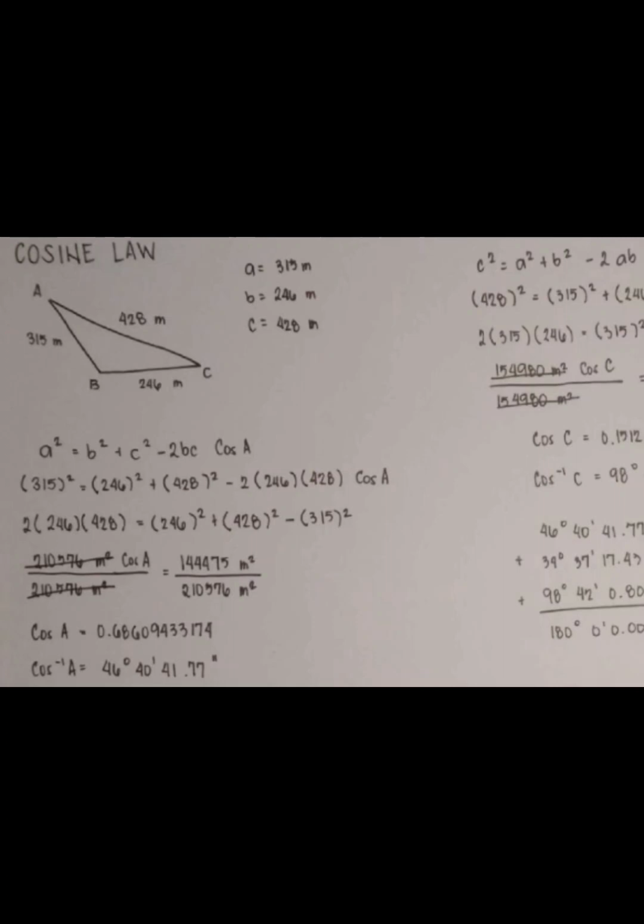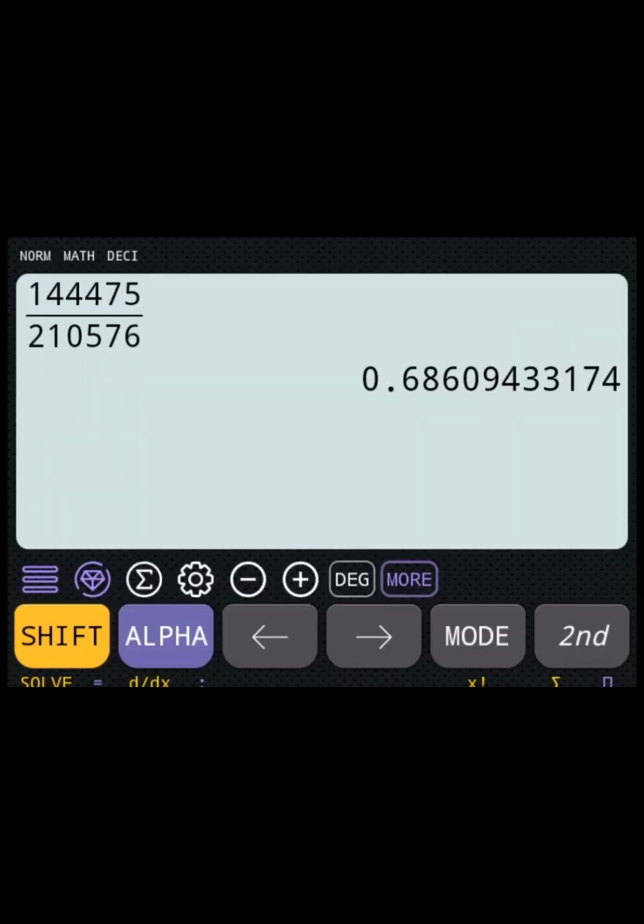So, since the value we are getting is cosine A, we will divide both sides by 210,576 meters squared so that it cancels and only cosine A remains. So, since we have canceled it, what remains in our solution is 144,475 meters squared over 210,576 meters squared, which is equal to 0.68609433174.